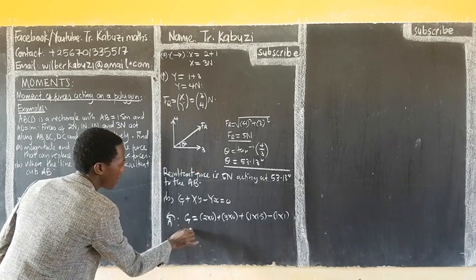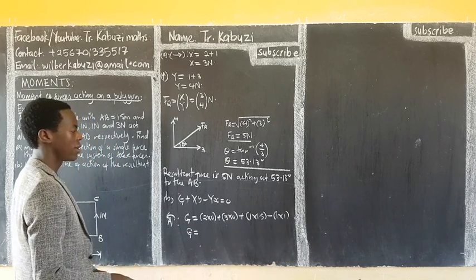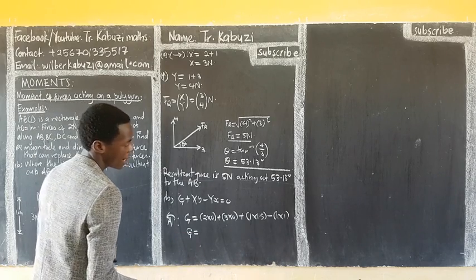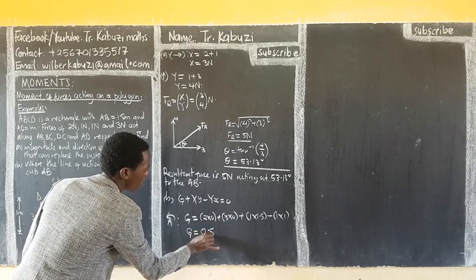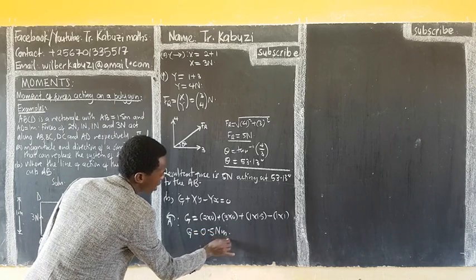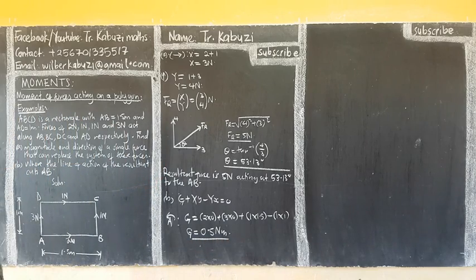So the moment is 1.5 minus 1, which is 0.5 newton meters.